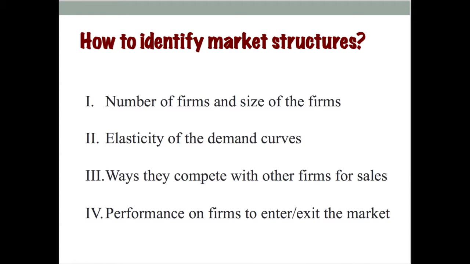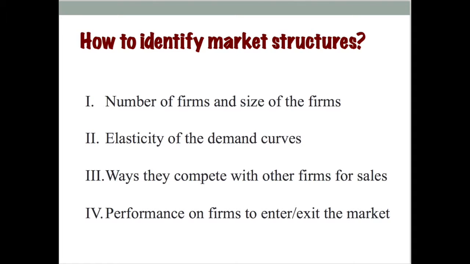So, how can we identify the market structures? There are 4 components to help us. The first one is we need to know how many firms are in the market and the size of the firms. Second, we need to know the elasticity of the demand curves. It simply means that when the price changes, how the demand changes in the market.